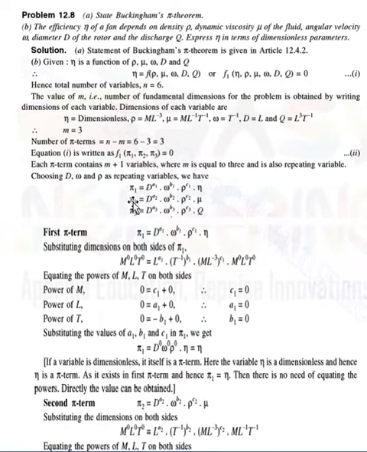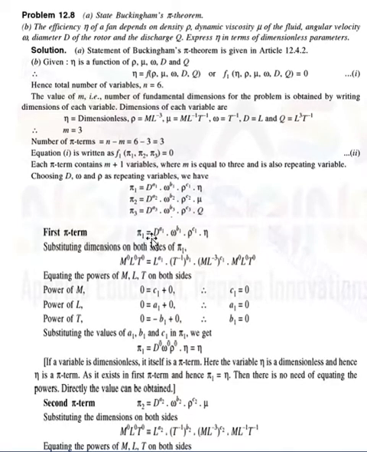Similarly, pi 2 is equal to these 3 repeating variables as they are, d to the power a2, w to the power b2, rho to the power c2, and the second one, next term, is mu into mu. Next, pi 3 is equal to d to the power a3, w to the power b3, and rho to the power c3, only q is left, therefore into q.